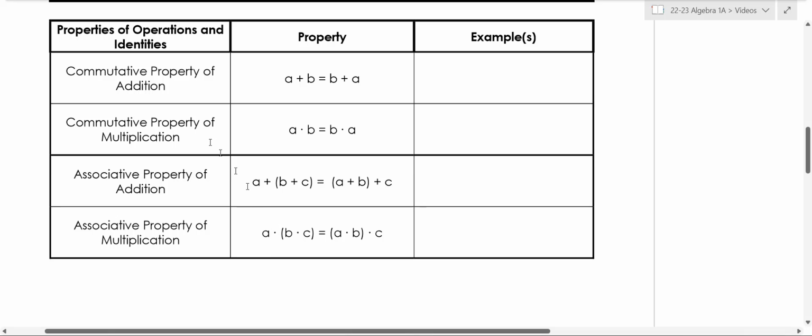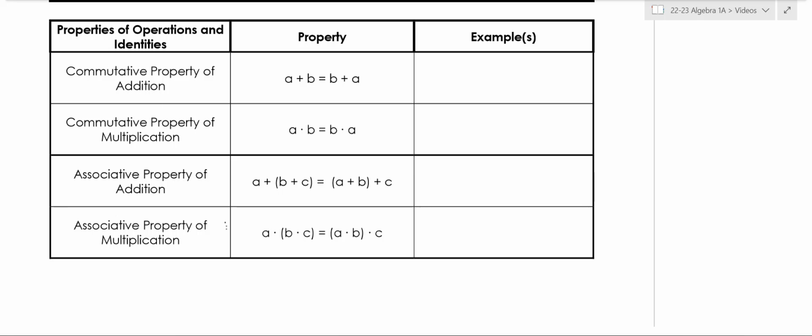Operations and identities. There are two types of properties of operations: the commutative properties and the associative properties. One deals with addition, whereas the other deals with multiplication. Commutative. Some of you may not know the word commute.